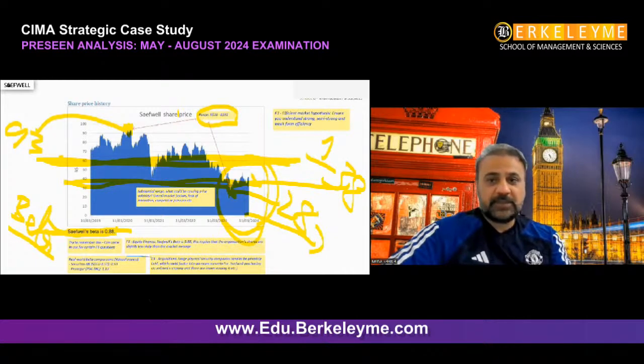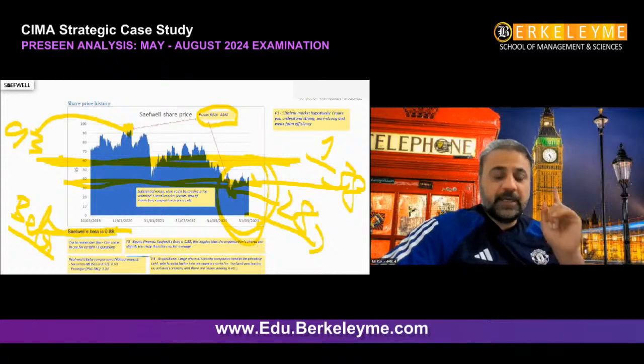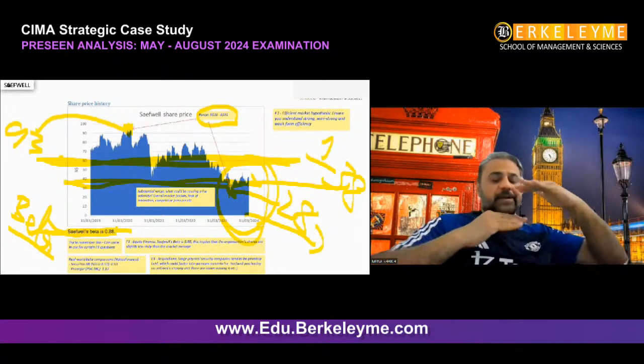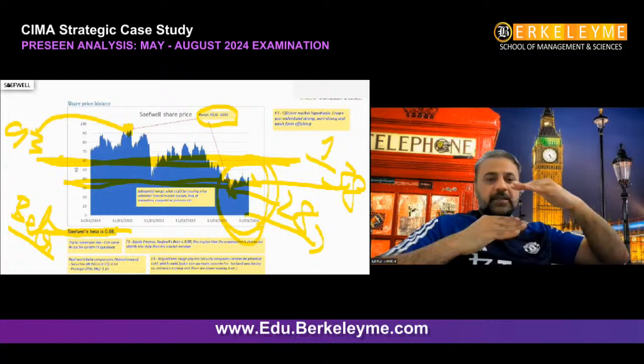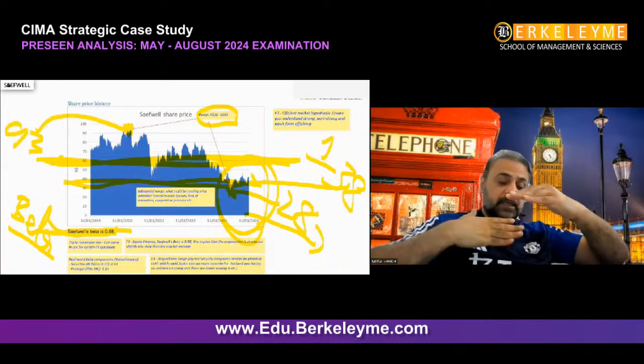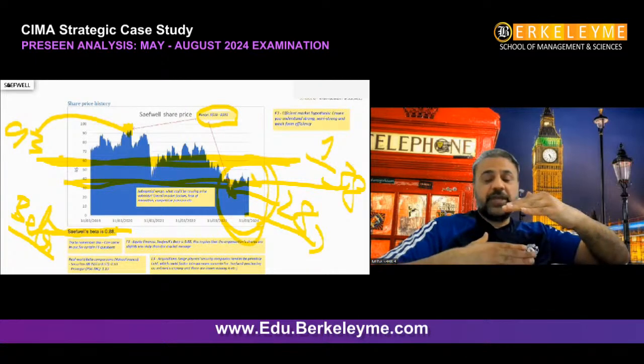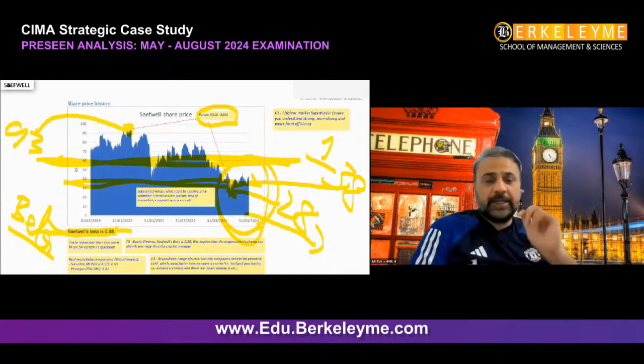That's the important stuff. Okay, coming back: the normal beta is 1, meaning if there is a 100% change in your share and a 100% change in the market, you both have changed 1, like 100 divided by 100 is 1.